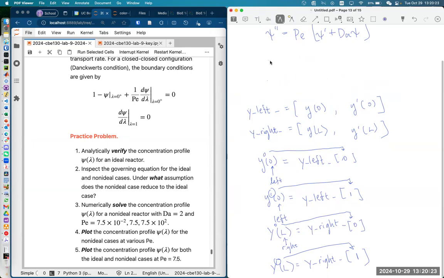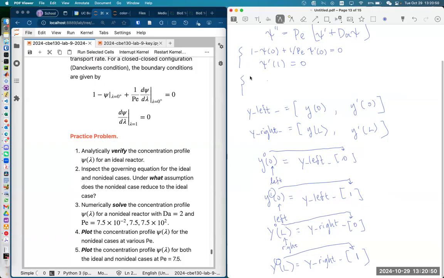The boundary conditions we have are already in the form where something is equal to 0. So 1 minus psi of 0 plus 1 over Peclet number times psi prime of 0 is 0, and psi prime of 1 is equal to 0. To rewrite these in Python, we write everything on the left, not including equal to 0.